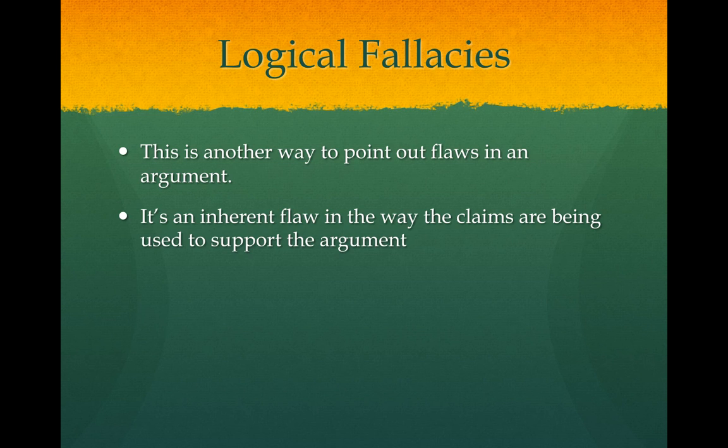Logical fallacies are really just flaws that you notice in the claims that are used to support an argument. It's sort of similar to unwarranted assumptions because one flaw in a claim is that the assumption being made is unsupported. But there are other logical fallacies that you should know that you could also use if you want to talk about how an argument is flawed.